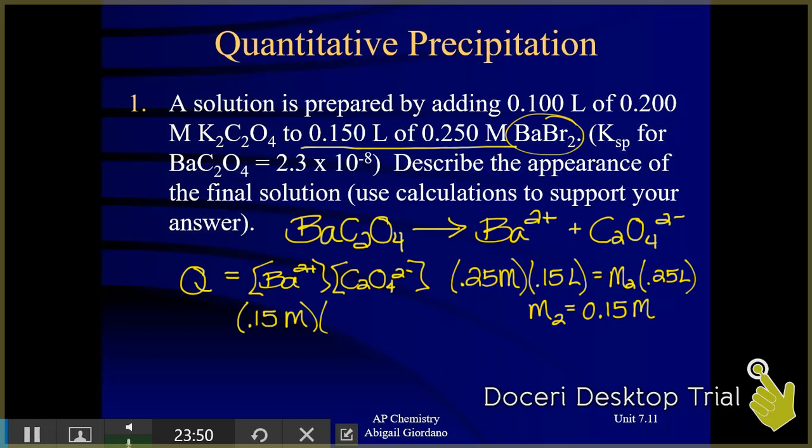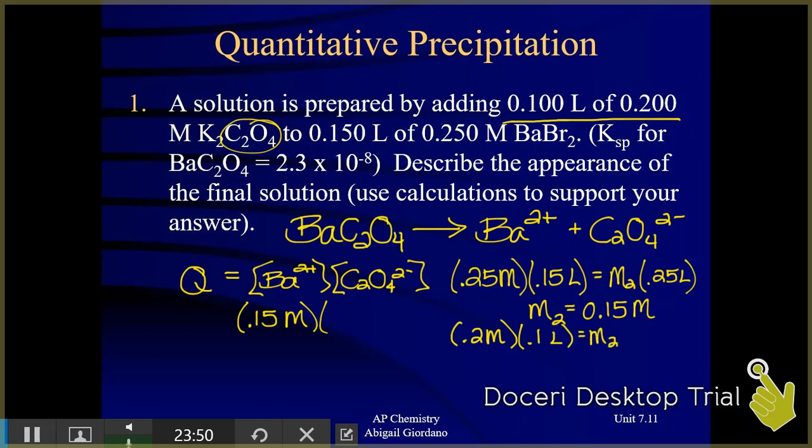All right, we're going to do the same thing for the oxalate ion. This time we're going to focus our attention right here, because that's the information that is tied to the oxalate. Same M1V1 equals M2V2. The initial molarity is 0.2. The initial volume is 0.1.